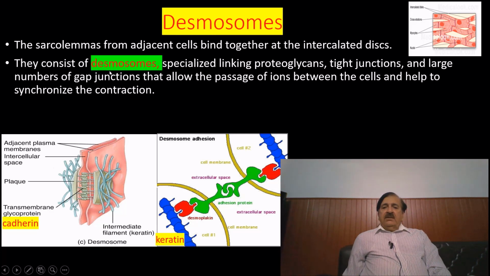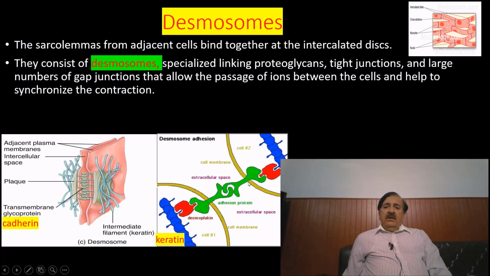They consist of desmosomes. At the intercalated disc we have desmosomes, which are specialized linking proteoglycans, tight junctions and a large number of gap junctions that allow the passage of ions between the cells and help to synchronize the contraction.